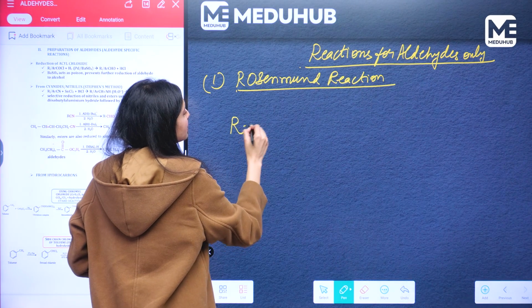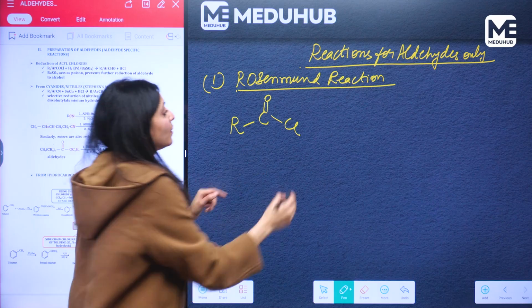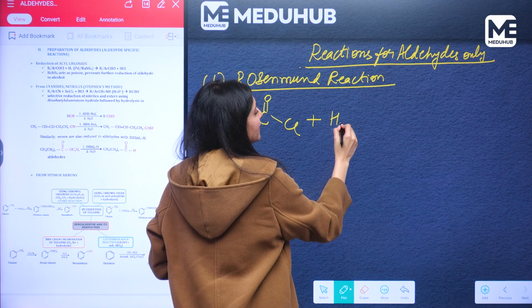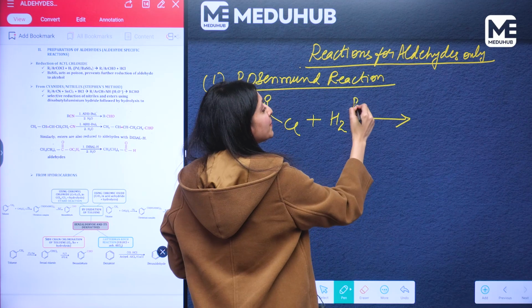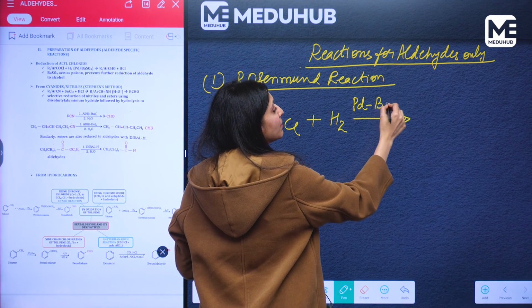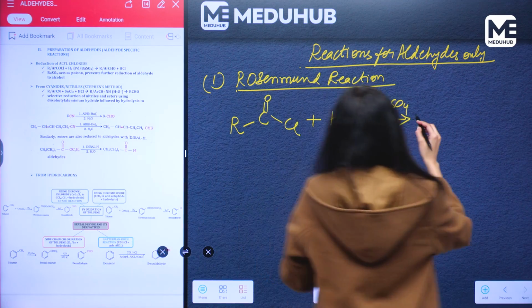So we have an acid chloride, RCOCl here. This, when reduced, that is when hydrogen is added to it, in the presence of a palladium catalyst supported over barium sulfate, we get the aldehyde here.